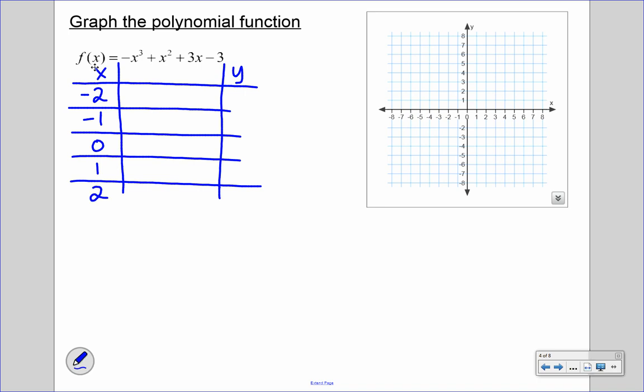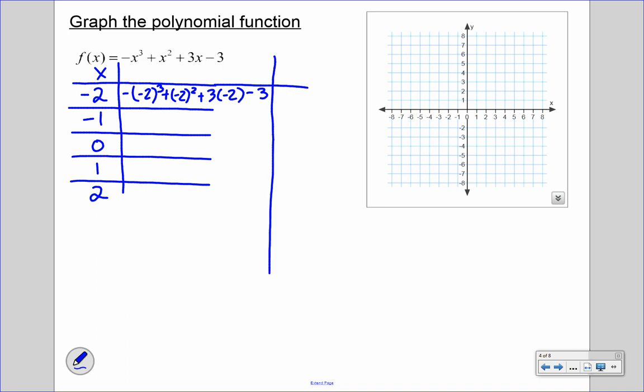Those are the best ones to use right there. So let's plug those in.